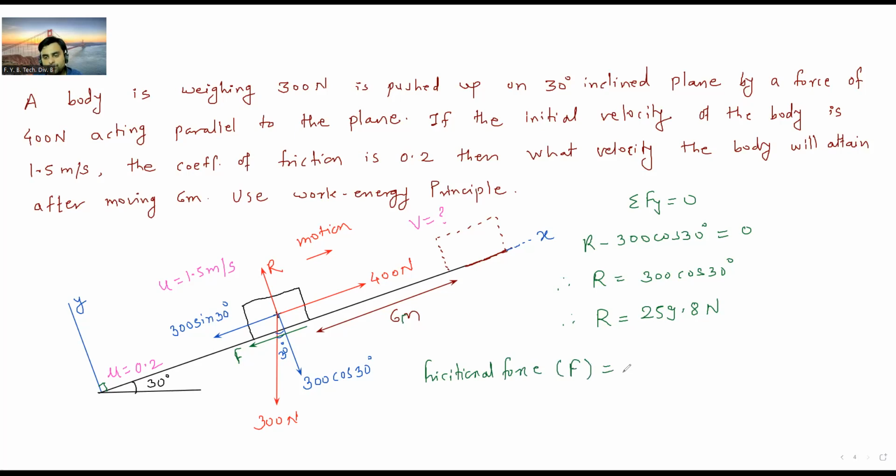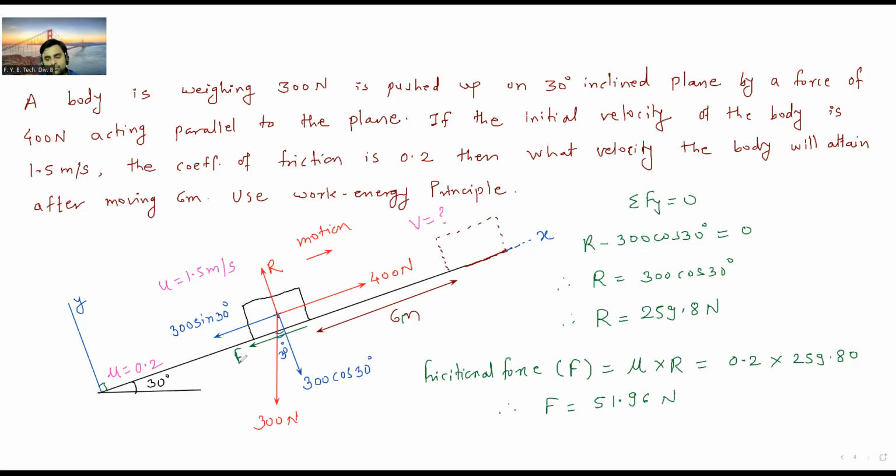F is equal to mu into R, which is equal to mu is 0.2, it is given, into R. R is the normal reaction and it is 259.80. Therefore, F is the frictional force. Do the calculation, 0.2 into 259.8, it is 51.96 Newton. Now we know the value of this F.